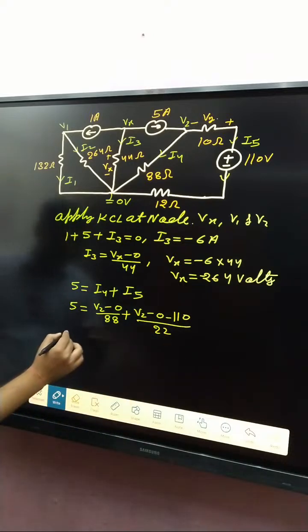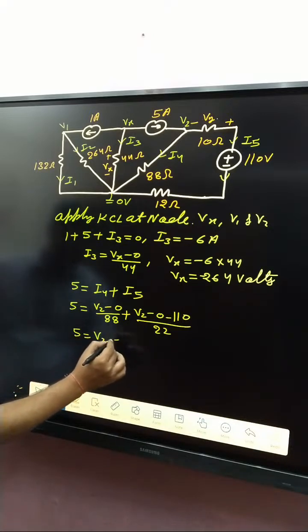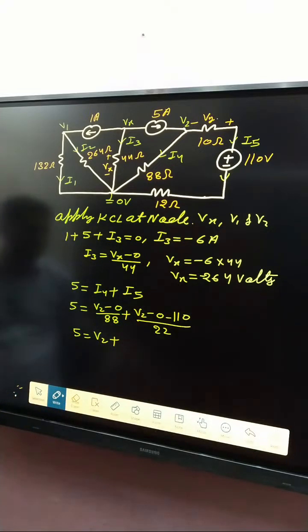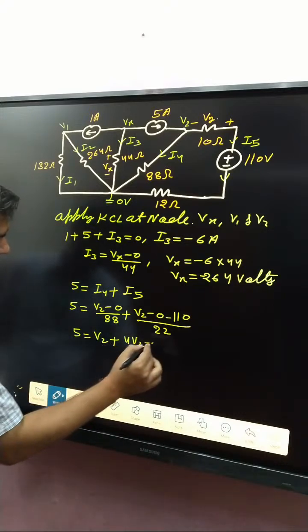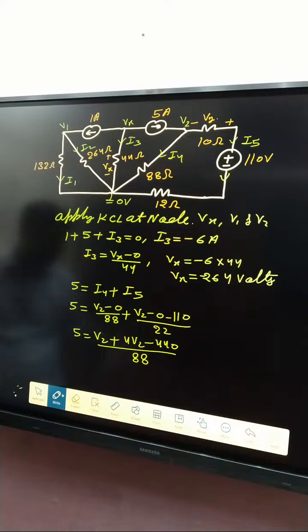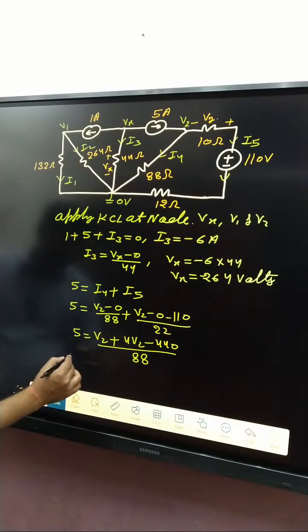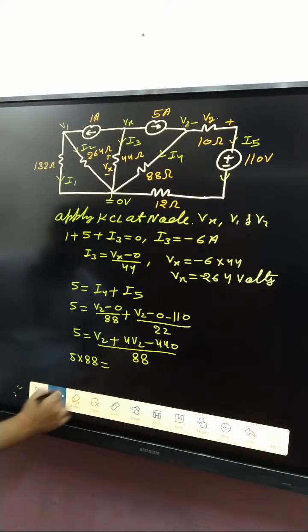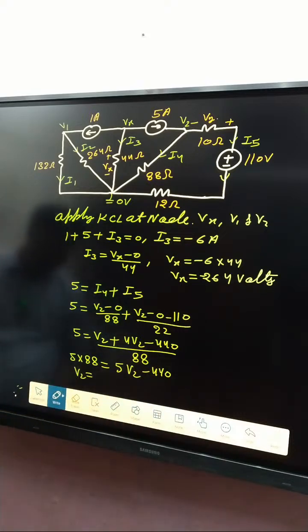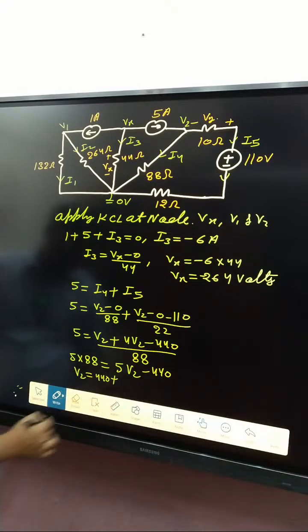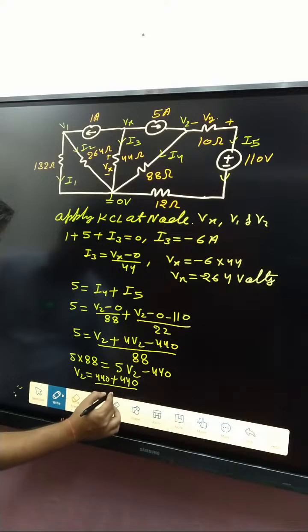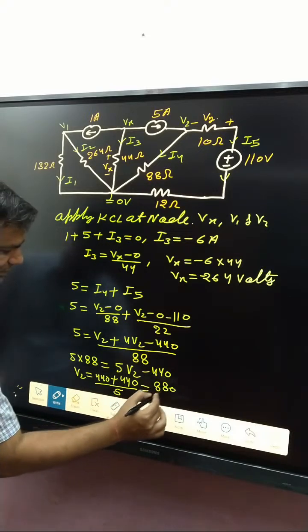Take the LCM, then we get 5 into 88 equal to 5V2 minus 440. So V2 is 440 plus 880 divided by 5.